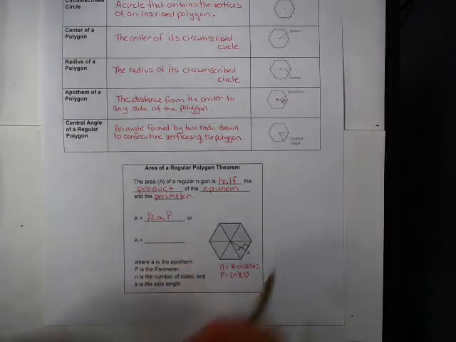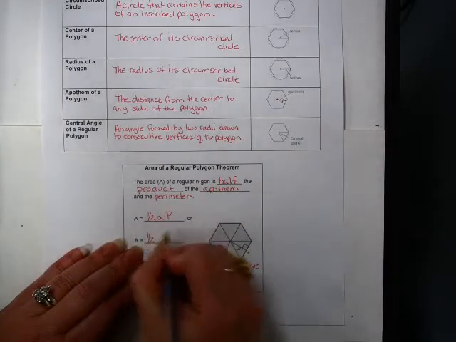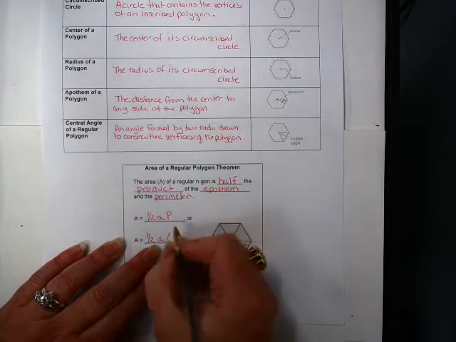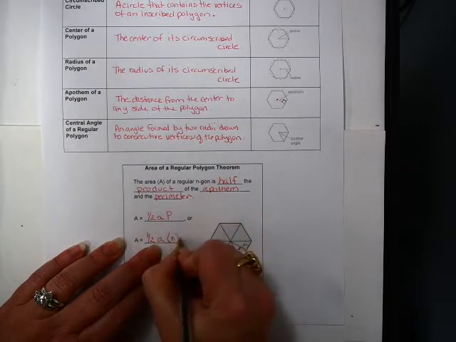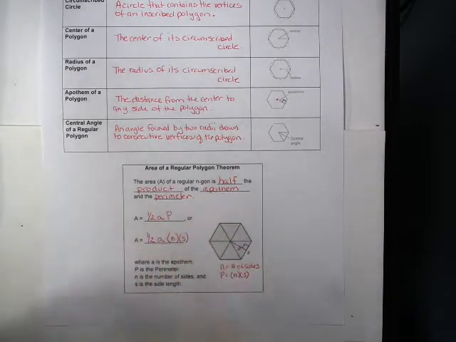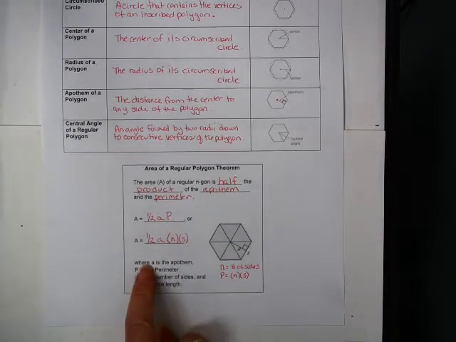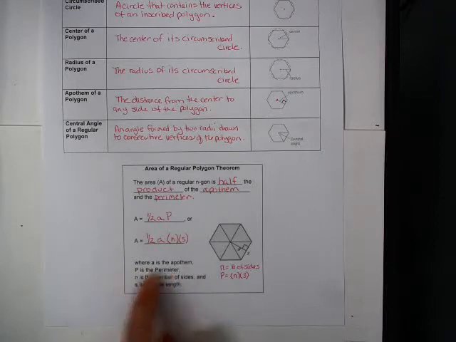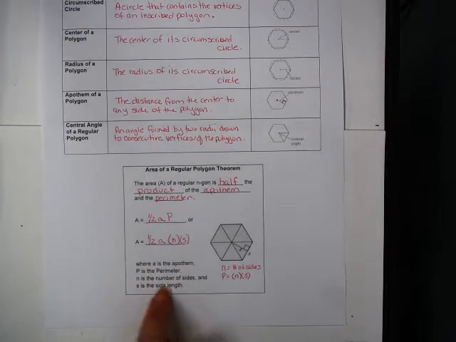Or you could think of it as 1/2 the apothem, but then for the perimeter you could substitute in N times S. Okay, just remember that a stands for the apothem, P stands for perimeter, N is the number of sides, and S is the side length. Okay, so now we're going to get started with all the examples.